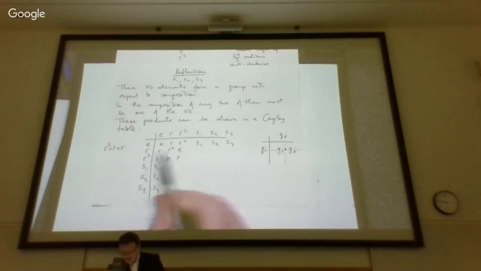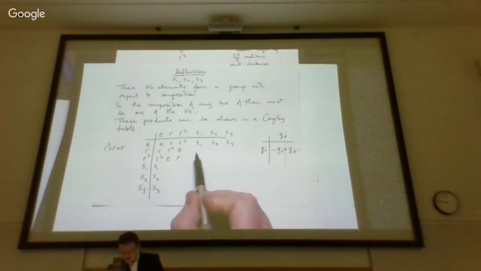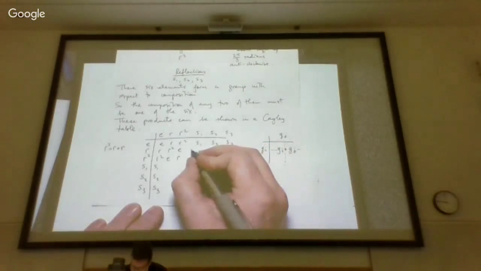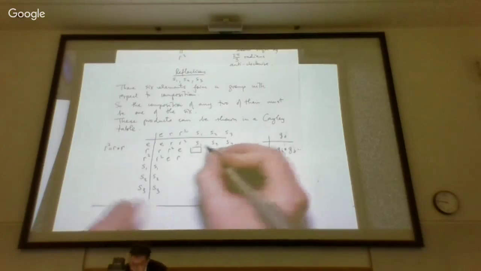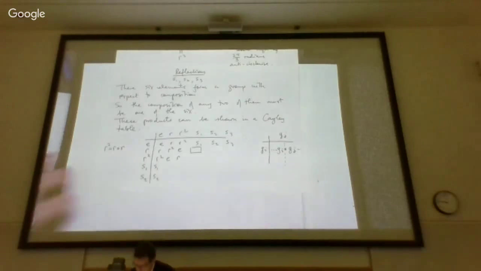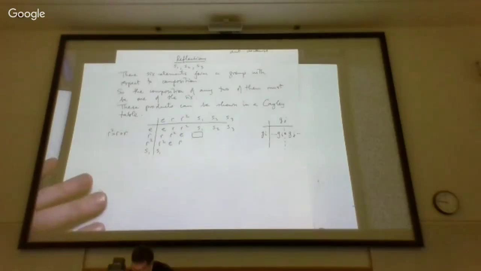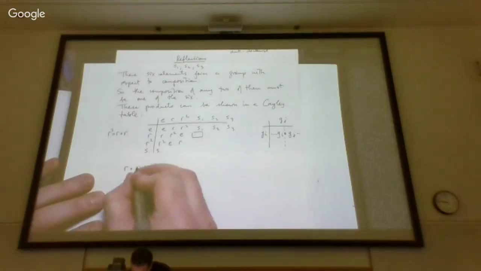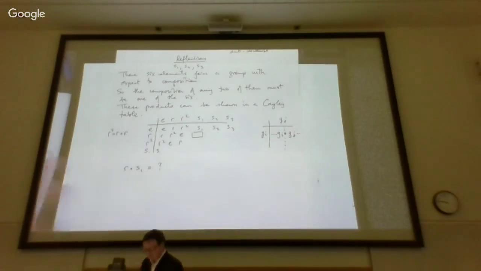Not so obvious is what this entry here is, R composed with S1. What's R composed with S1 going to be? Well, it's not so easy just to come up with the answer off the top of your head. Now, there's 2 types of elements, rotations and reflections.